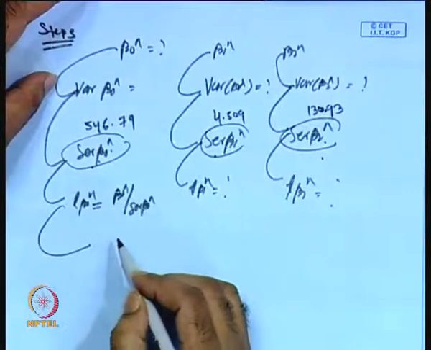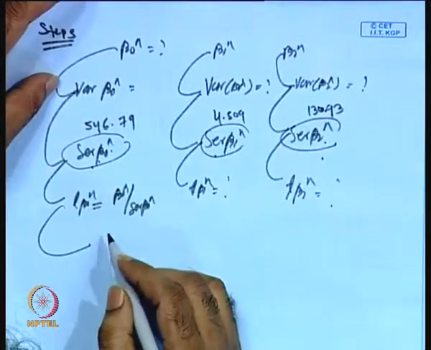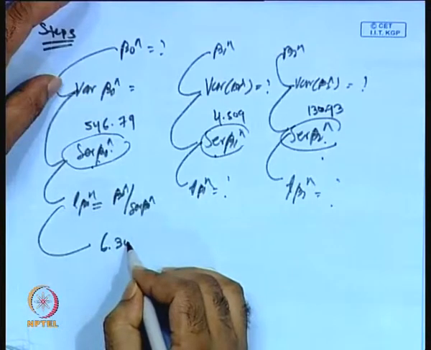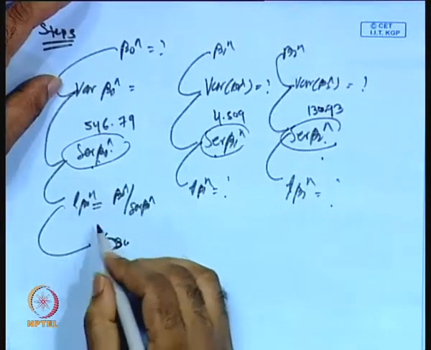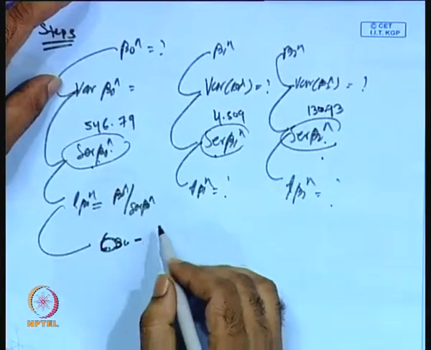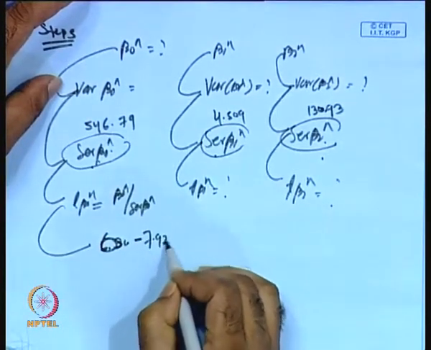Now if we apply this process, t of beta 0 hat is coming negative, that is minus 7.926.